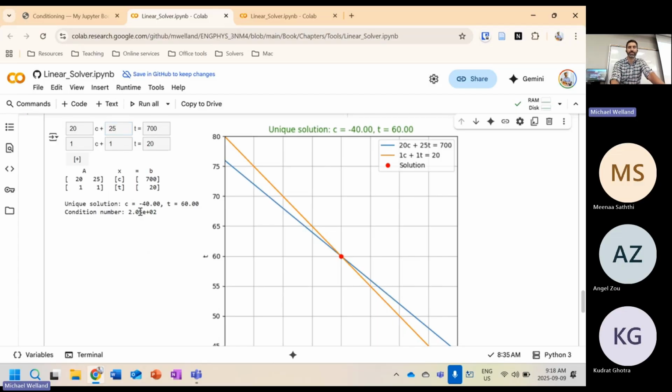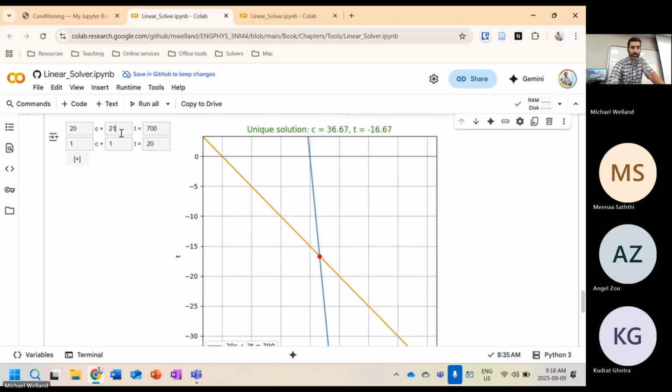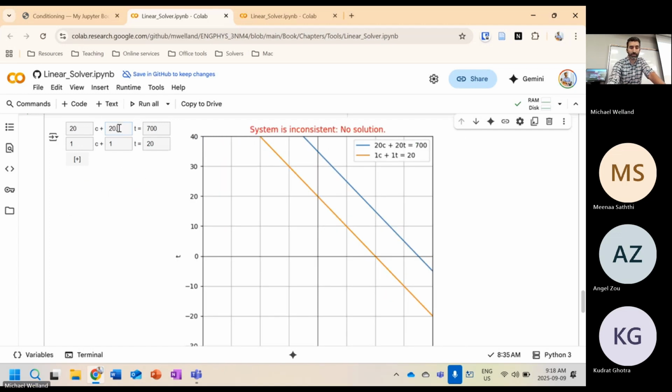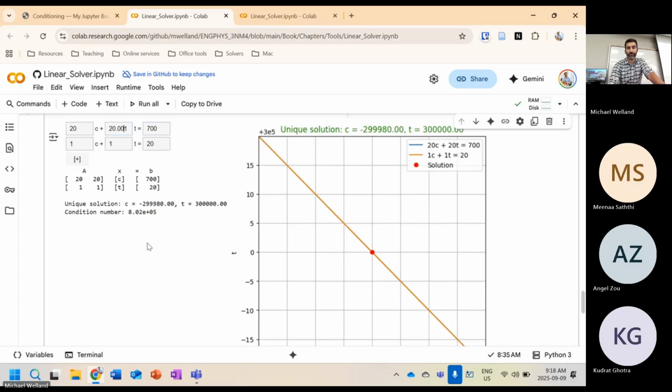As you go here, watch what happens to this condition number. Now we're at 4,400. Now we're at 840. Now we're at 8,000. And it gets worse and worse.